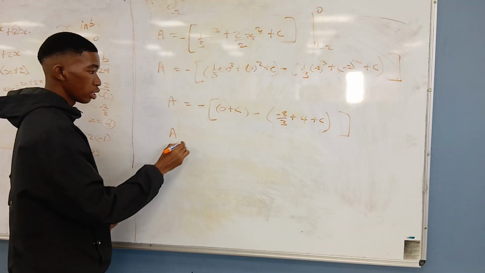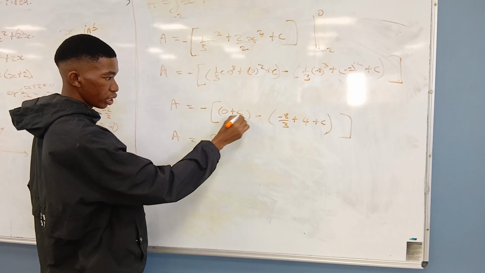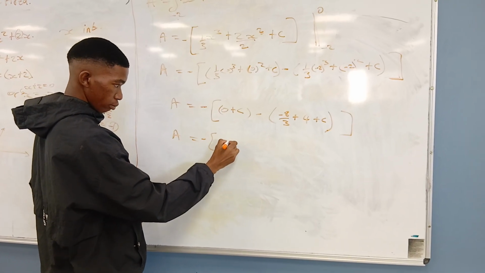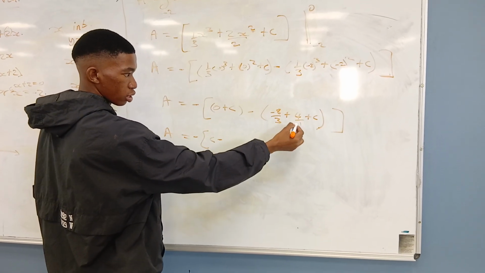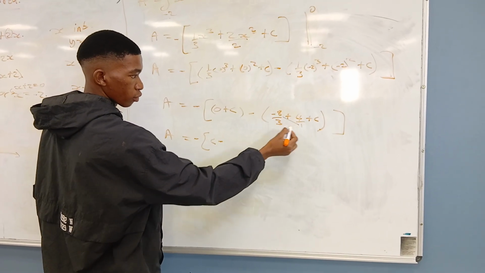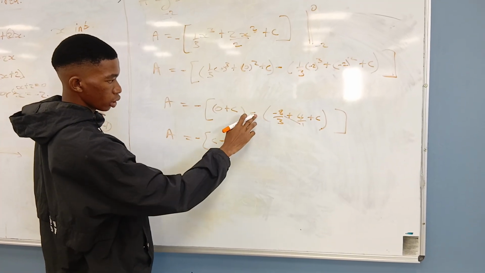Now your area is going to be, open the big bracket. Here you're going to have your c minus, here you can divide this by 1, take this, multiply by this, and then remember we are here.